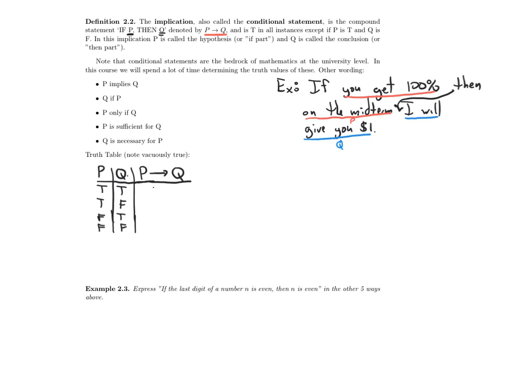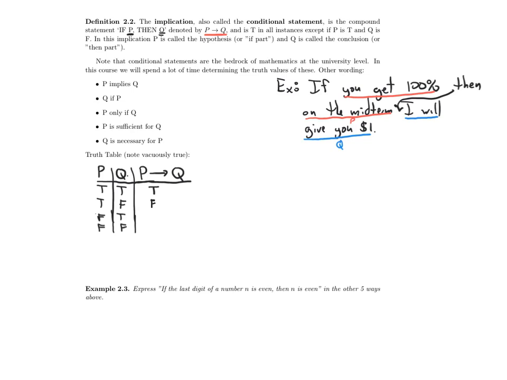I'm telling the truth. So that is true. Let's look at the second. So in this case, you do get 100% on the midterm, but Q is false, so I don't give you $1. Well, then this sentence here, P implies Q, if you get 100% on the midterm, then I give you $1, I was lying to you, so it is false.